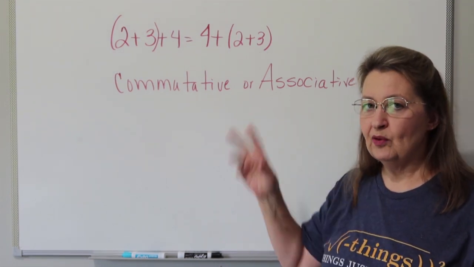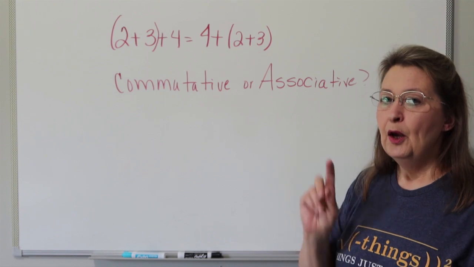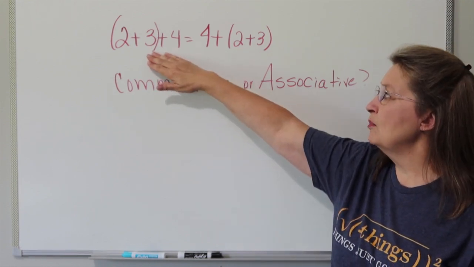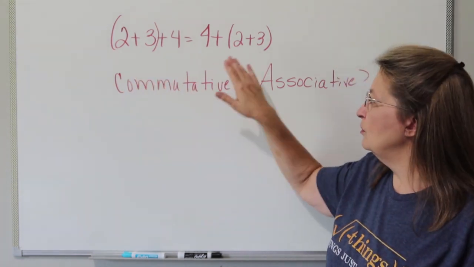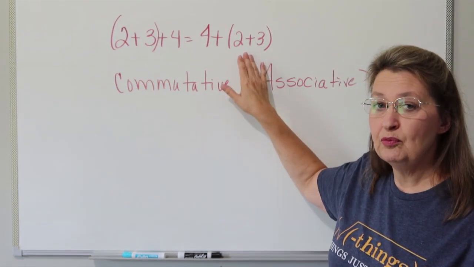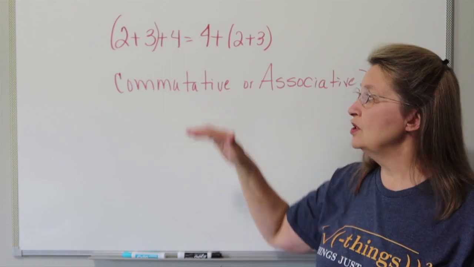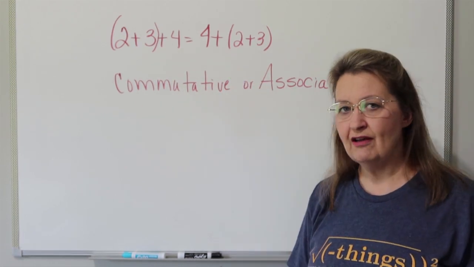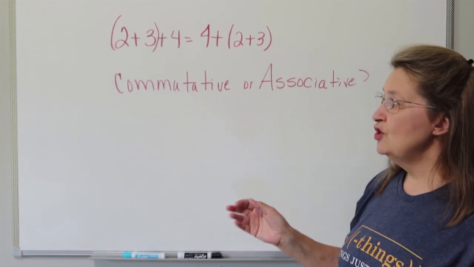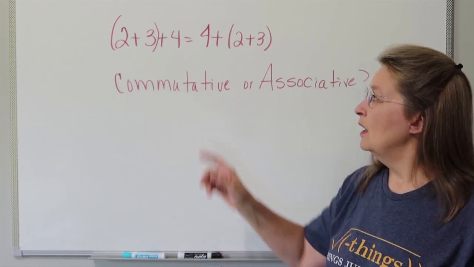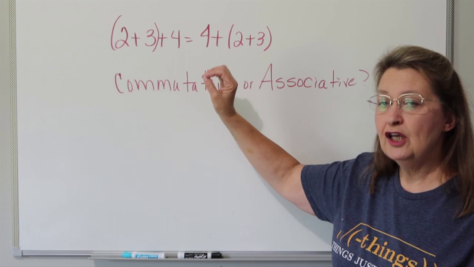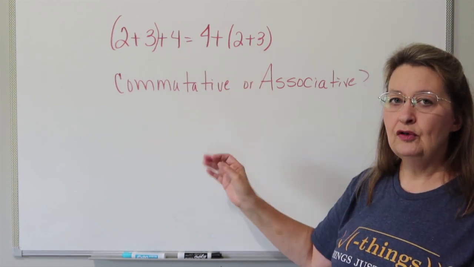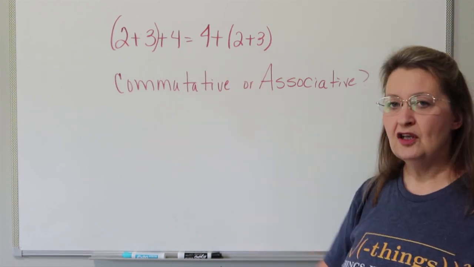They've learned that parentheses mean associate. But if you look more closely at this problem, what's grouped together here is the 2 plus 3. What's grouped together over here is still the 2 plus 3. The association within this equation did not change. What did change is the position. Here the 4 is at the end, and here the 4 is at the beginning, so it commuted. It moved. So the correct answer to this is commutative.